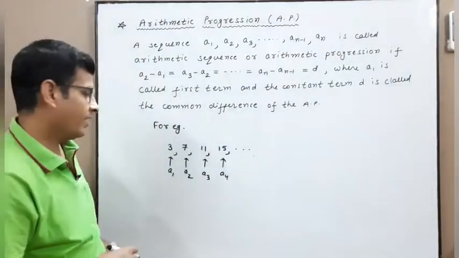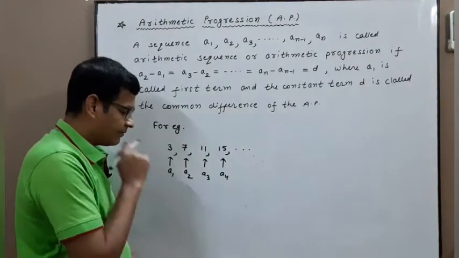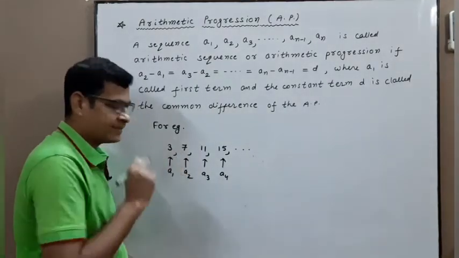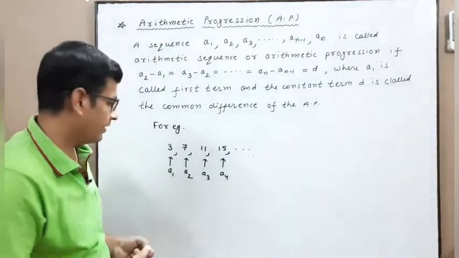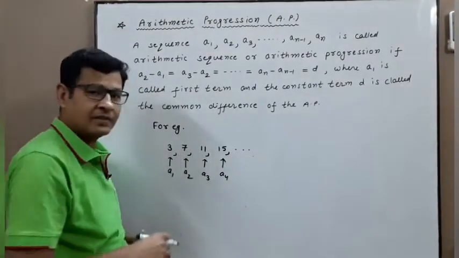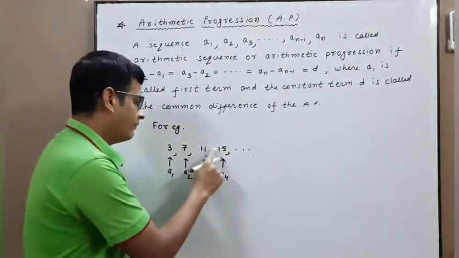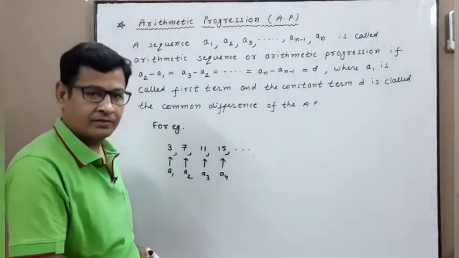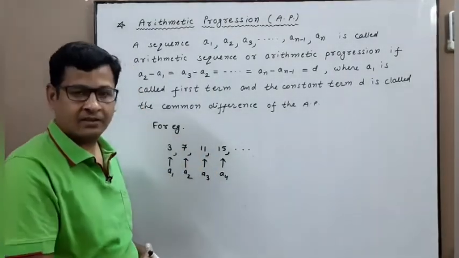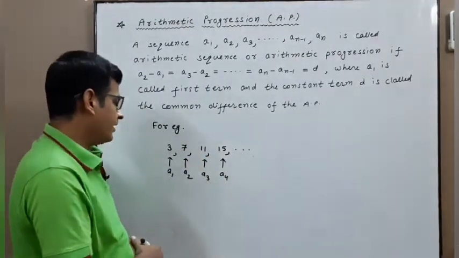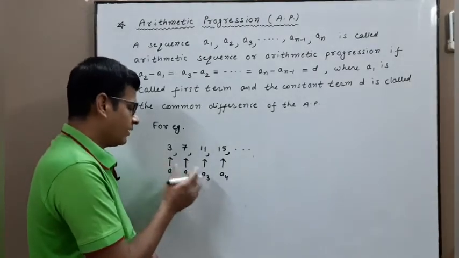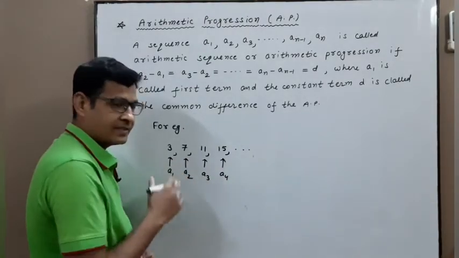Now check, A2 minus A1 means 7 minus 3 equal to 4, 11 minus 7 is 4, 15 minus 11 is 4. It means A2 minus A1 equal to A3 minus A2 equal to A4 minus A3.